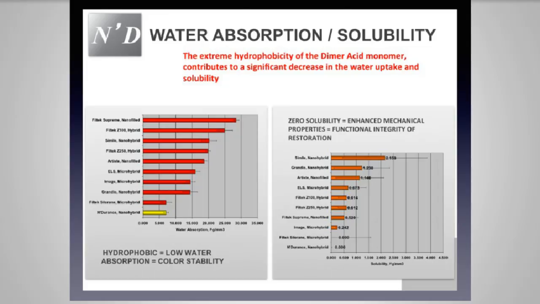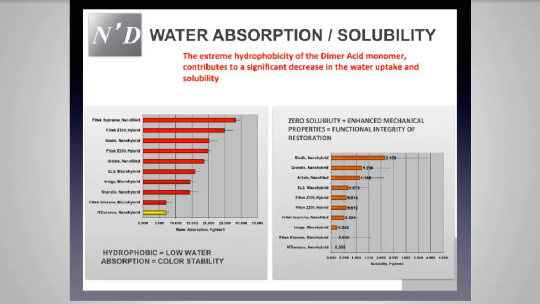This water absorption and solubility is really interesting, because one of the things at the AADR just past March in Charlotte, North Carolina, a poster was presented that compared many of the popular composites that you and I know and use. One of the challenges it talked about was the bottom line that discoloration is still one of the biggest long-term problems of our restorations.